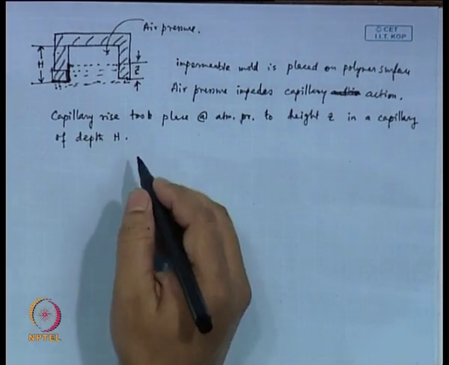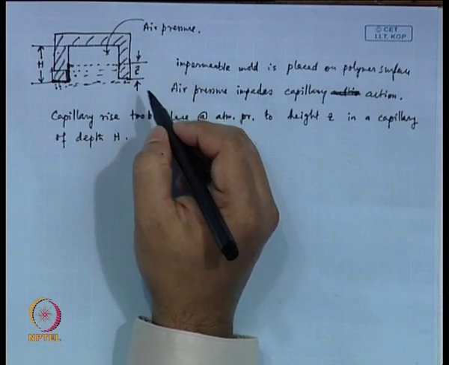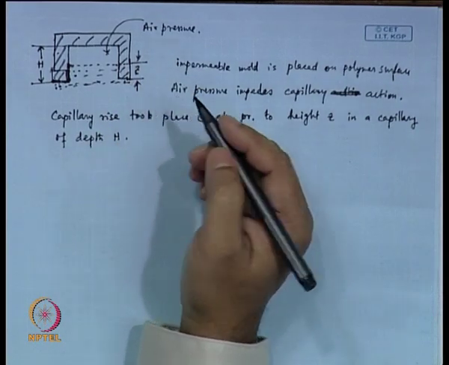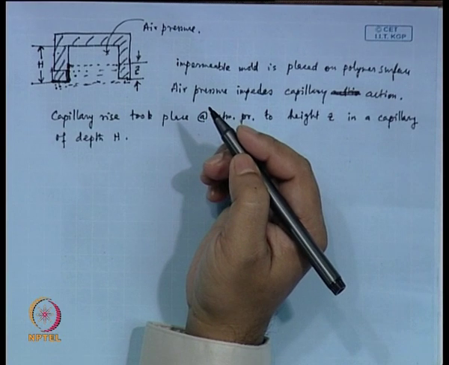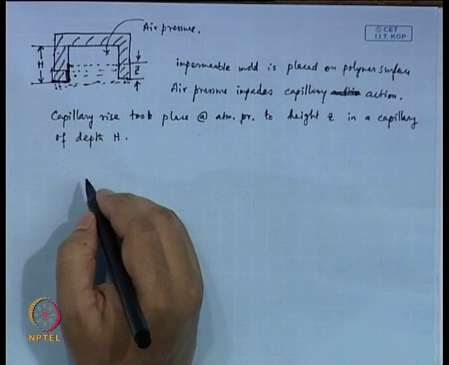So, what is the pressure of the trapped air in the capillary? The area remains the same, so it is the volume, and if we assume that the pressure multiplied by the volume remains the same, what would be the new air pressure?